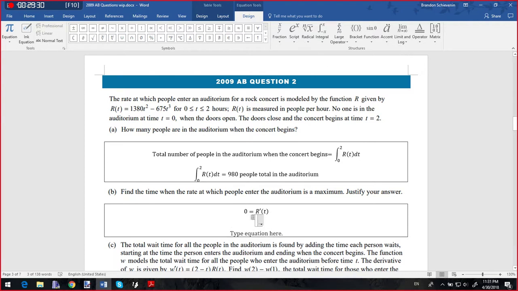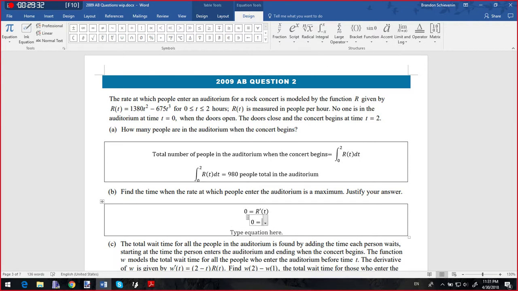I've got 0 should be equal to 2 times 1380 times t minus 3 times 675 t squared. I could factor that out too. So 0 is equal to t times this.